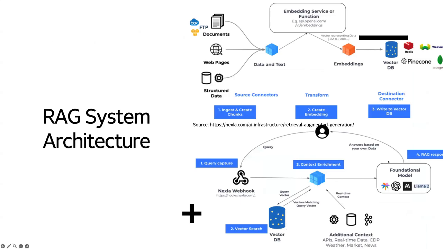So this is for here. The query gets inside here and it goes to the DB, then finds the relevant data and it's put into the prompt with the user input and goes to the LLM models.